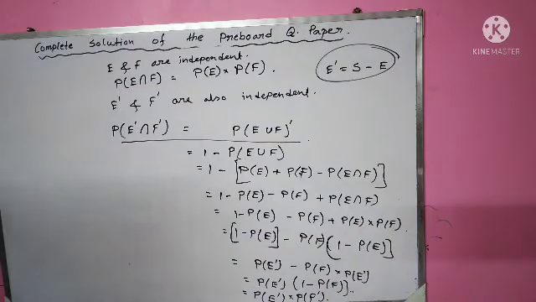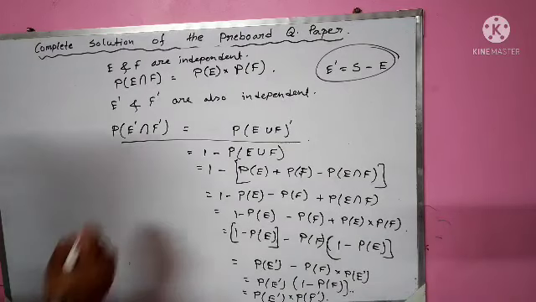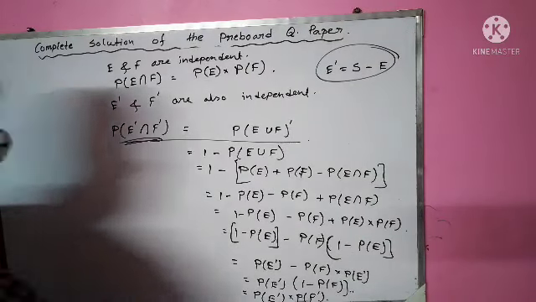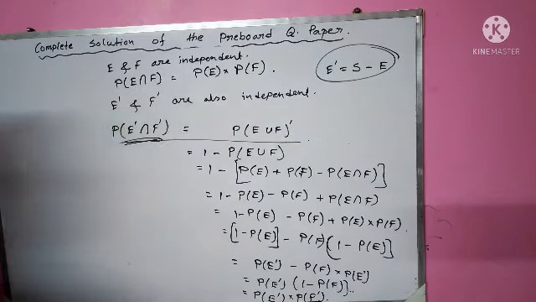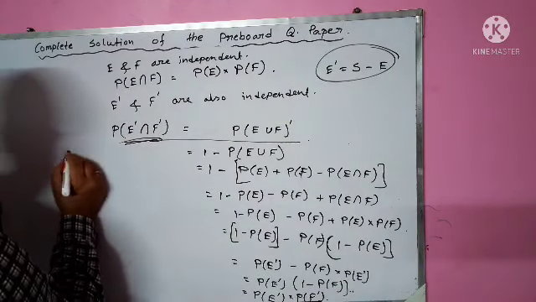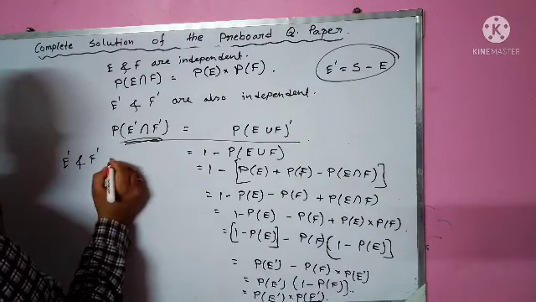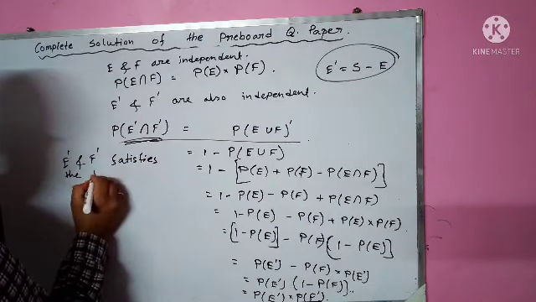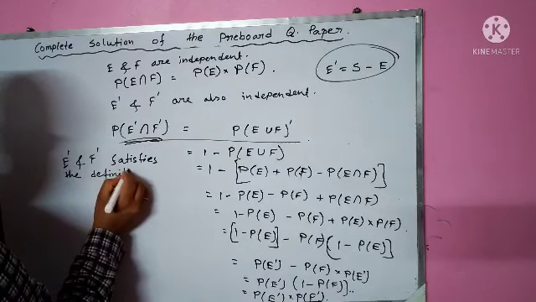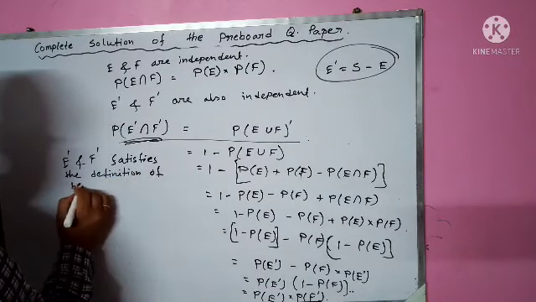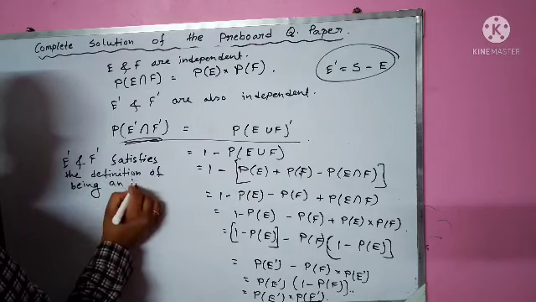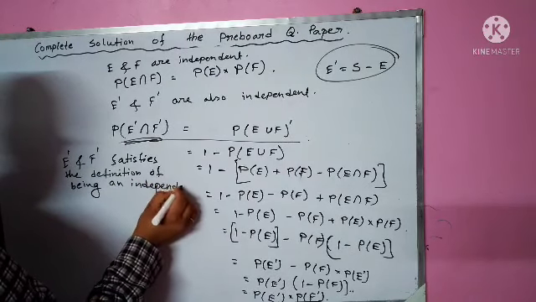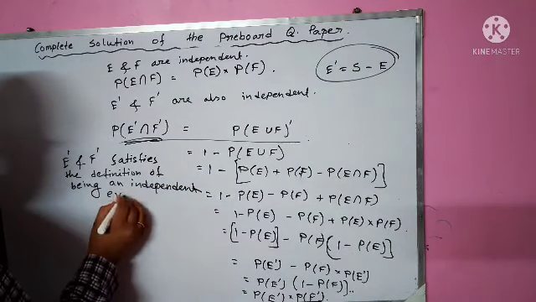Okay. So what you have got, you can write this P of E complement intersection F complement as the product of their probabilities. So from here you can say that E complement and F complement satisfy the definition of being independent events.